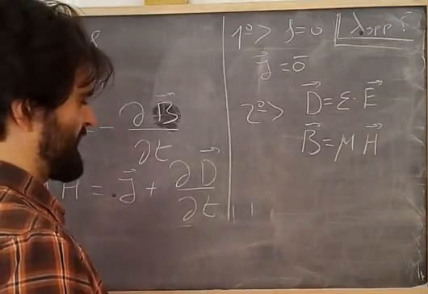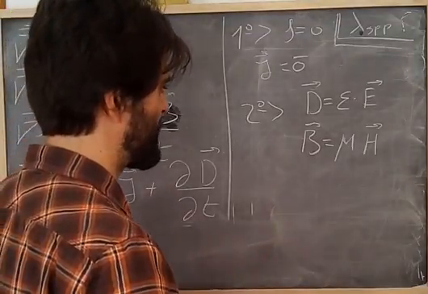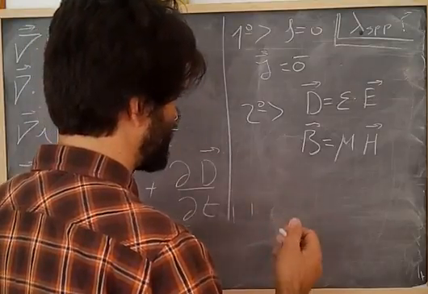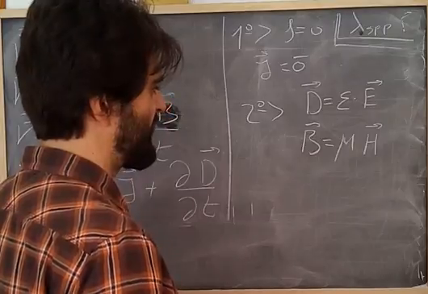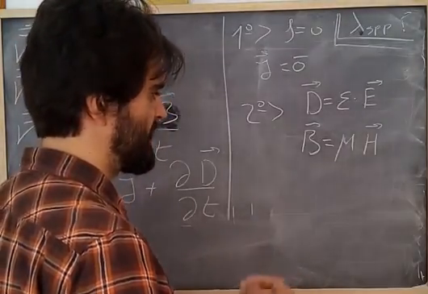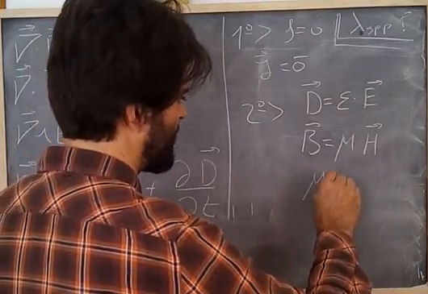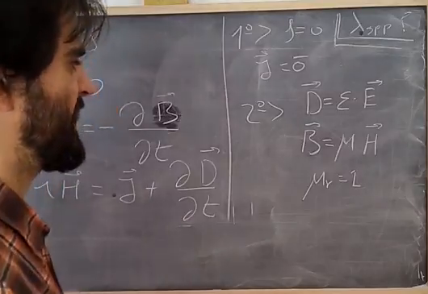We suppose that we have isotropic and homogeneous media, and in the case of the two sides of the interface, we have a relative magnetic permeability equal to 1. This is equal to 1 on both sides of the interface.